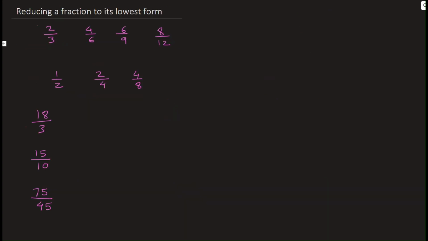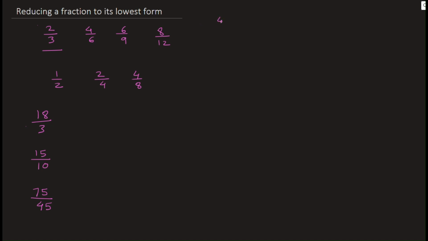And this expression, 25 girls of 60, is a fraction, and that is expressed in its lowest terms. Again, we go to reducing a fraction to its lowest term. Now, lowest term, or reducing a fraction to its lowest form, or simplified form, or simplifying a fraction is one and the same. So to understand a little bit more, I have a fraction 2 over 3. Now this is in its lowest terms because 2 and 3 have no common factor apart from 1. But I can see here 4 and 6 are not in their lowest terms.